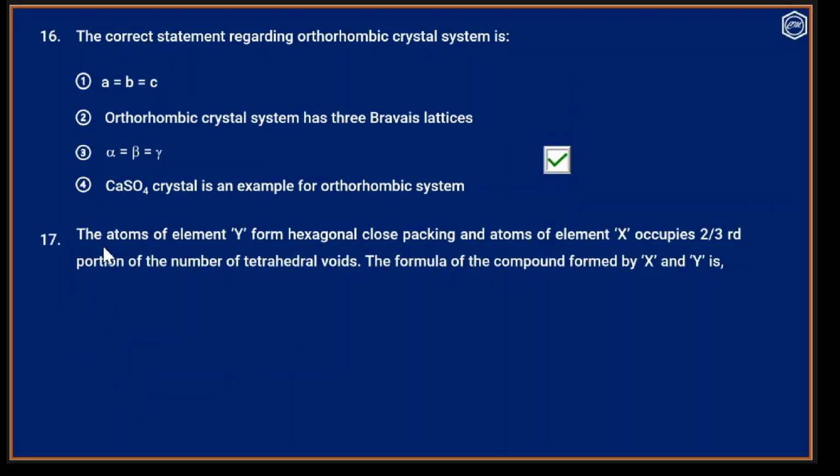Question 17. The atoms of element Y form hexagonal close packing and atoms of X occupy 2/3 portion of the number of tetrahedral voids. The formula of the compound formed by X and Y is: option 1 X2Y2, X2Y, X3Y4, X4Y3.